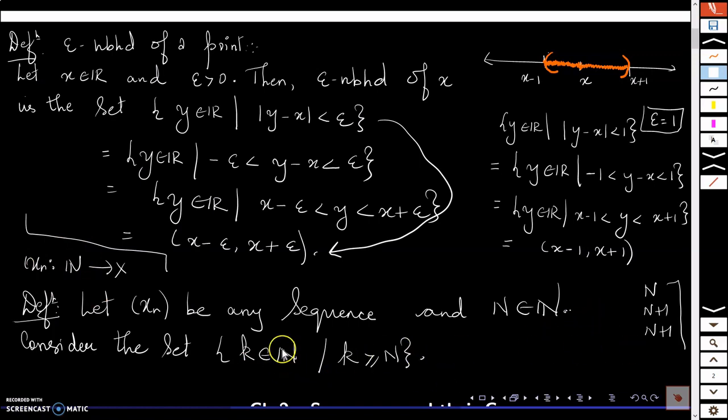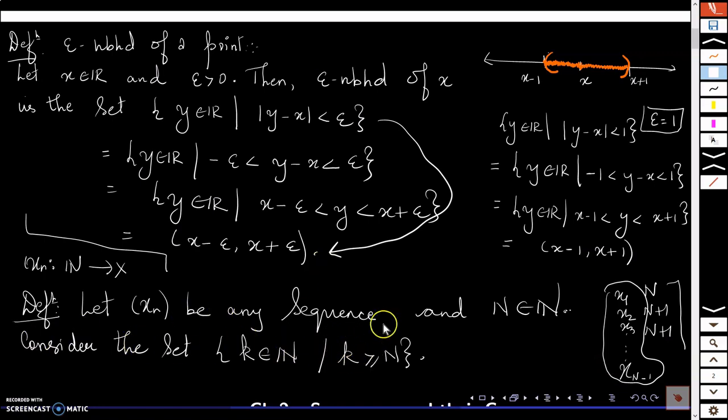That means the first N minus 1 terms I am removing from the sequence. That is the terms x1, x2, x3, up till x capital N minus 1. These terms I am removing from the sequence, and I will only consider the terms from N onwards. That is xN, xN plus 1, xN plus 2, xN plus 3, and so on.